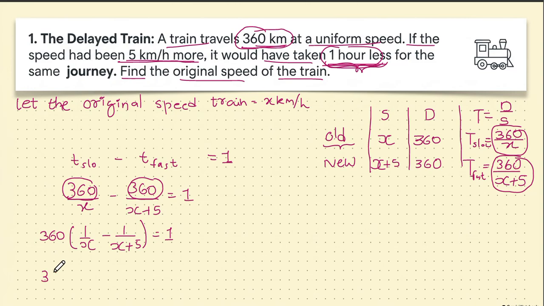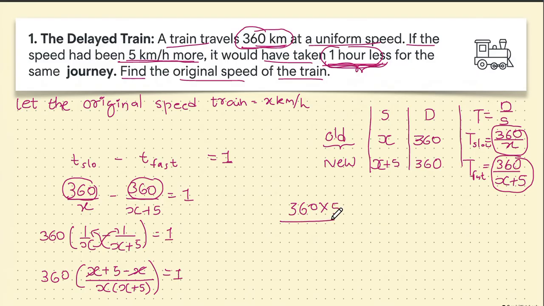So if we do the cross multiplication, we'll get 360 times, inside the bracket, x plus 5 into 1, which is x plus 5, minus x into 1, which is x, divided by x into x plus 5, is equal to 1 as it is. So in the numerator, this x and minus x will get cancelled. So it will remain 360 multiplied by 5 upon, if you multiply the denominator, x into x, x square, plus x into 5, 5x, is equal to 1.